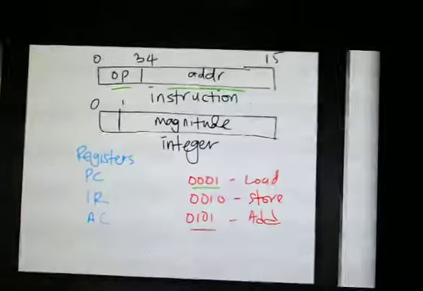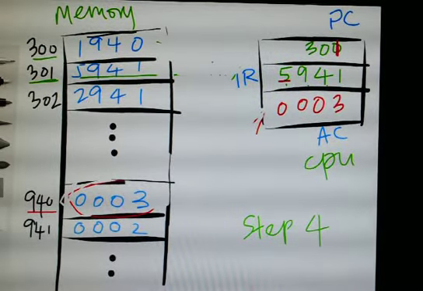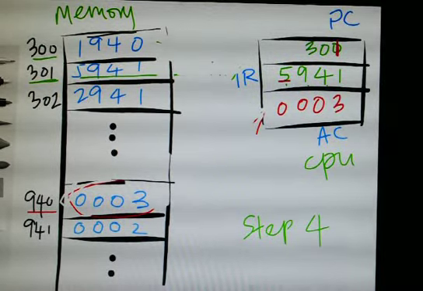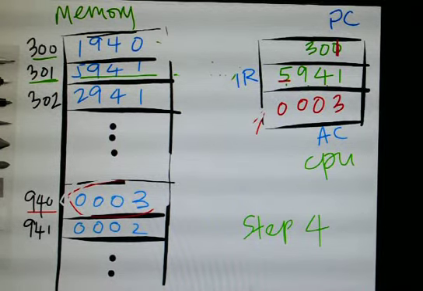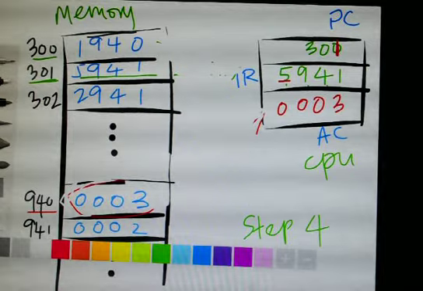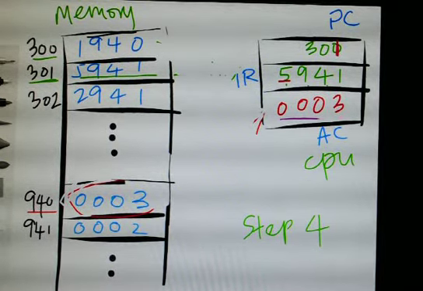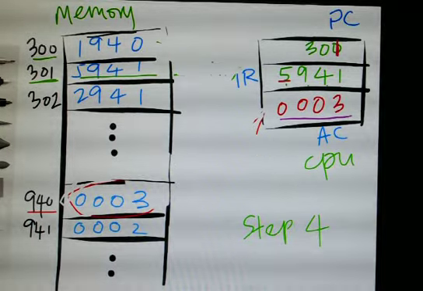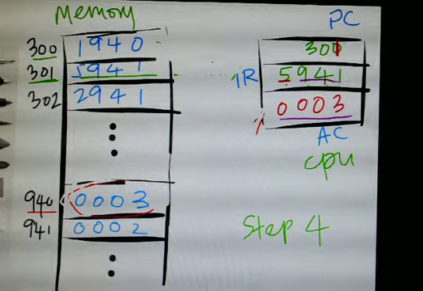If you look at your book, the add operation is to add to AC from memory. That means we will add the content of AC with the content of a memory location. Which memory location? 941.